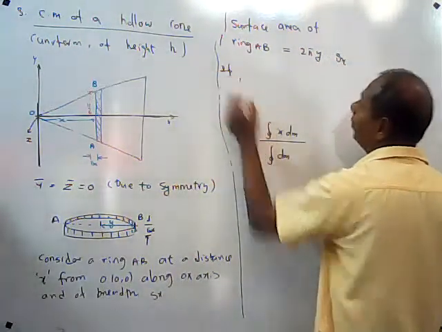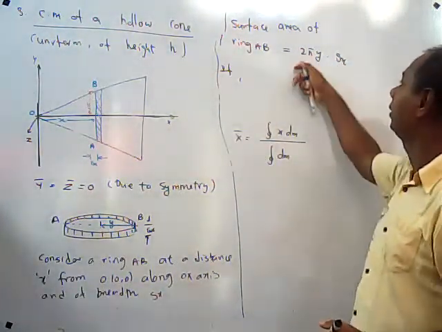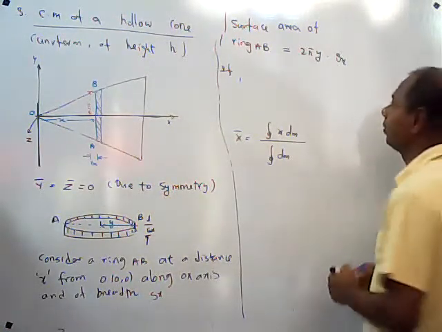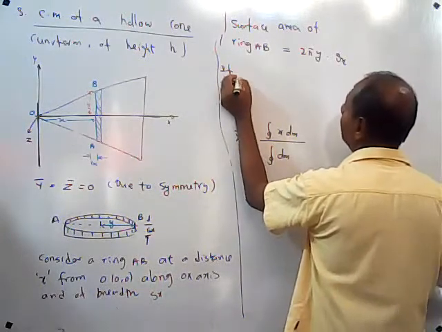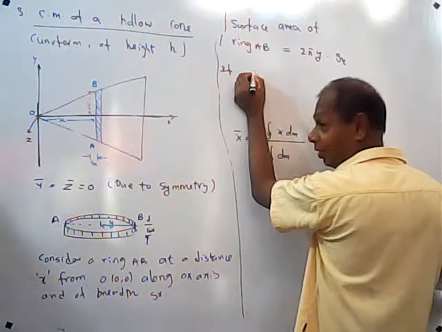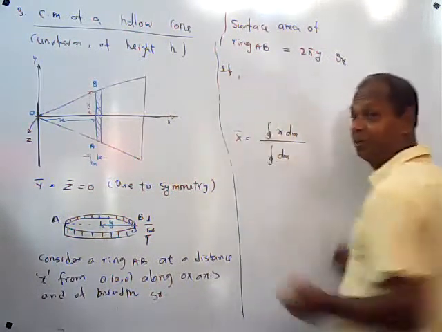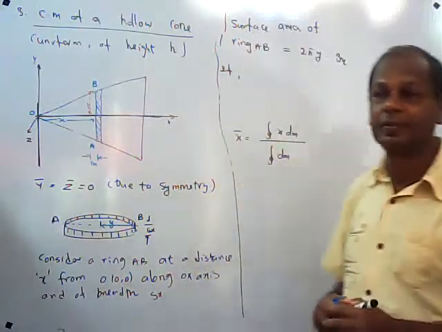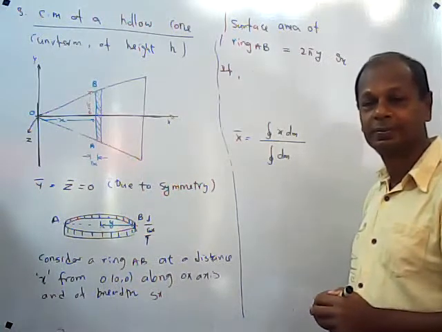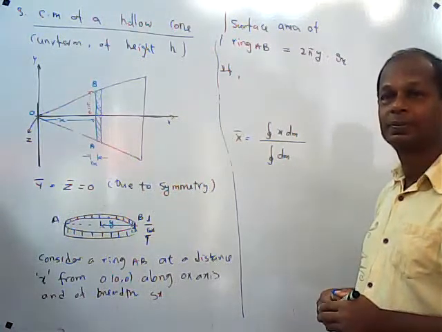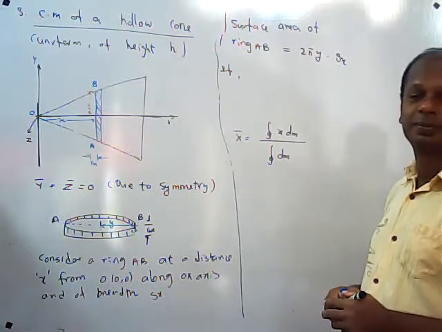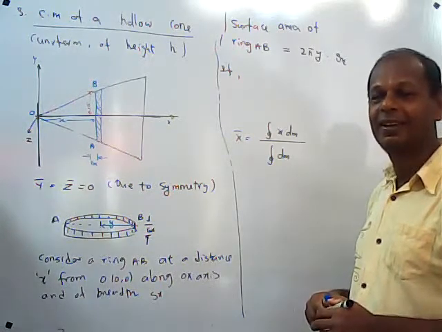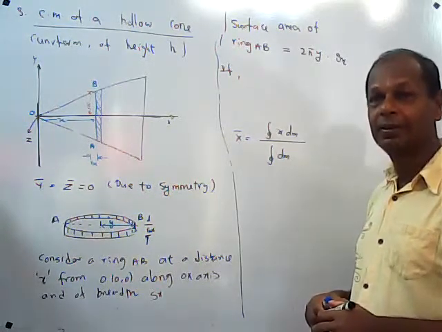To get the mass, this surface area we have to multiply by surface density. So surface density, what do you write in the physics class? Which alphabet do you mostly write? I think rho.